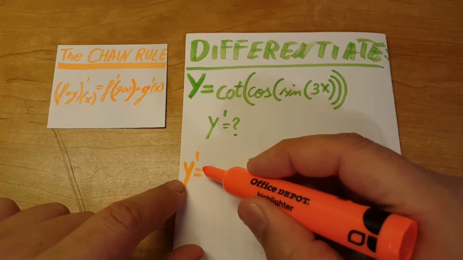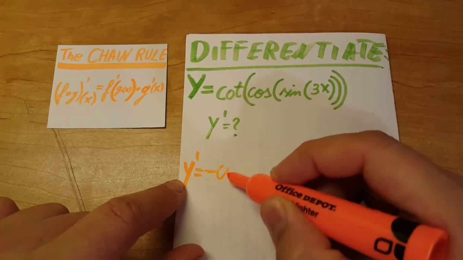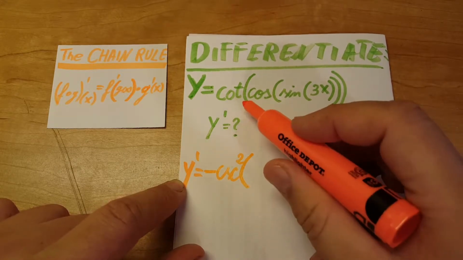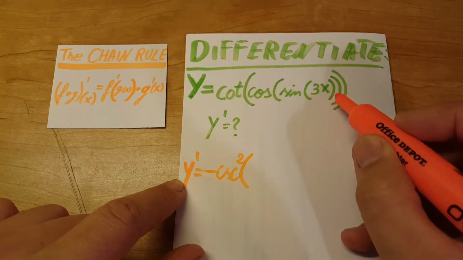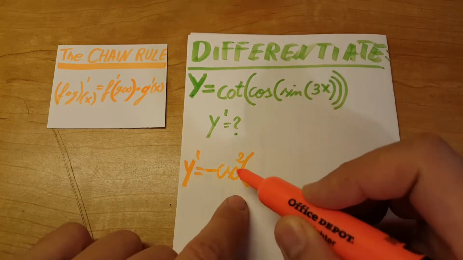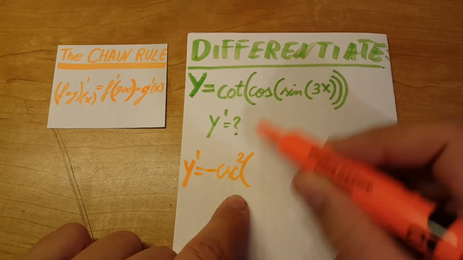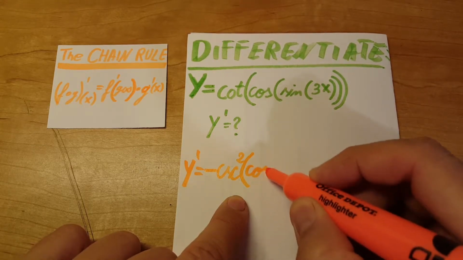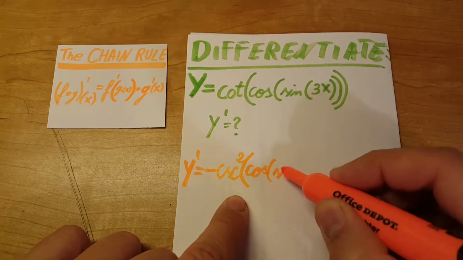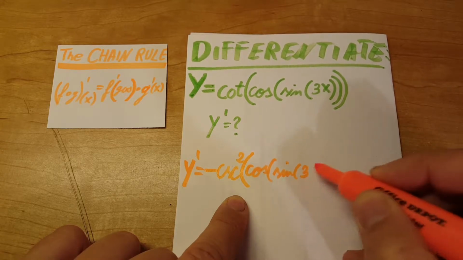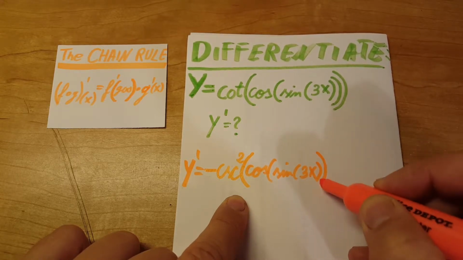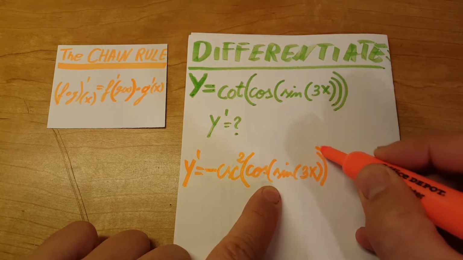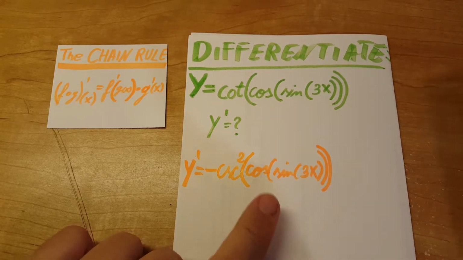So that would be negative cosecant squared of everything else we have in the parentheses, which is cosine of sine of 3x. There you go, that one's closed, and now we can close this one too. Okay, that was the first step.